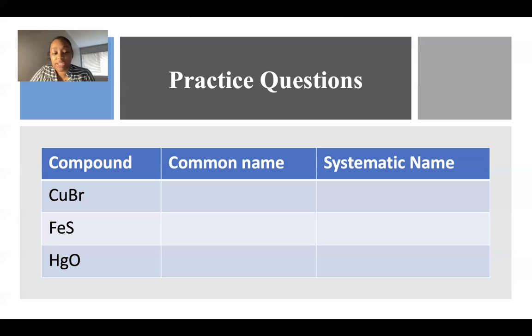When it's in its +2 state, we want to use the suffix ferrous because it's the lower charge. While if it was +3 state, then it would be ferric, right? For its higher charge. Okay.